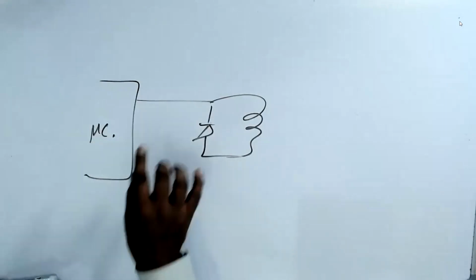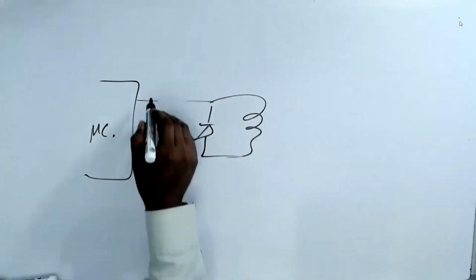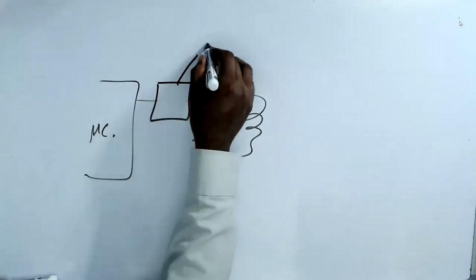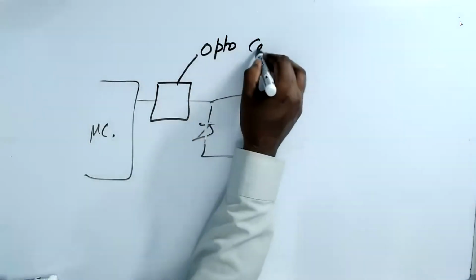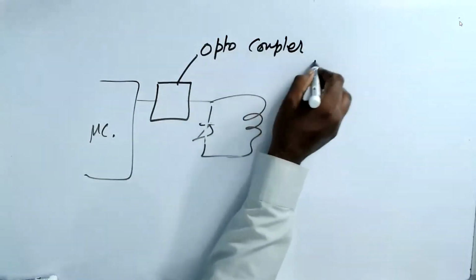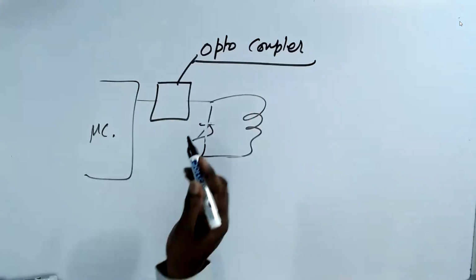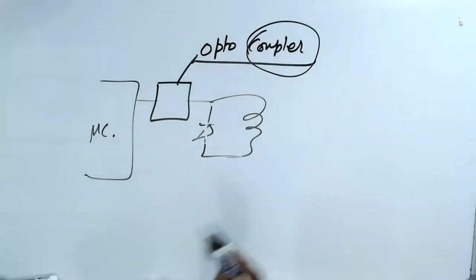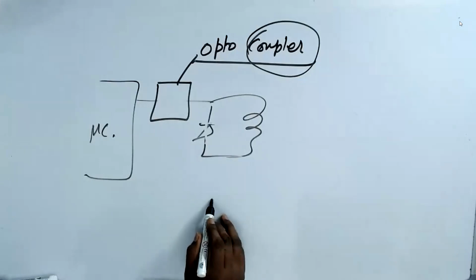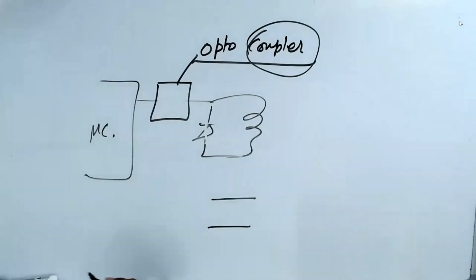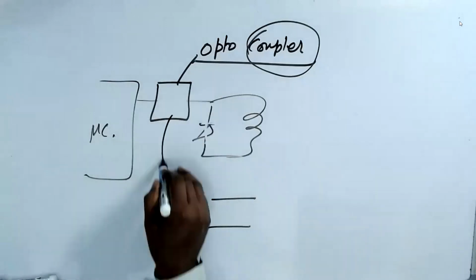They use a small component here, called an optocoupler. The name itself says it is a coupler. It's a connection, but instead of a wire, you make it optically isolated. That's opto isolation. It's an isolator.